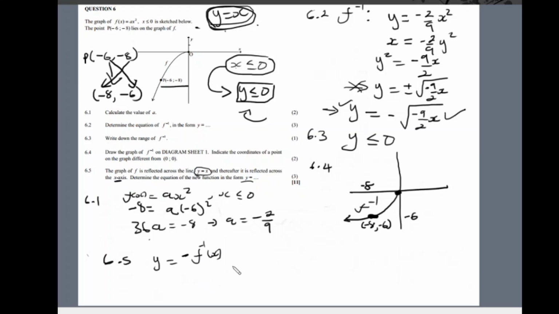So now our answer will be minus the square root of minus 9 over 2x, right? And my final answer will be the positive square root of minus 9 over 2x, right? And then that graph will be somewhere there, because it's the reflection of the inverse across the x-axis.